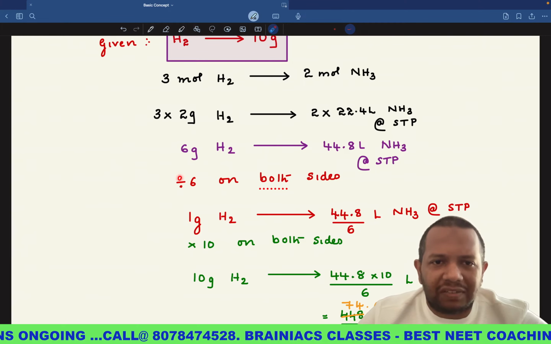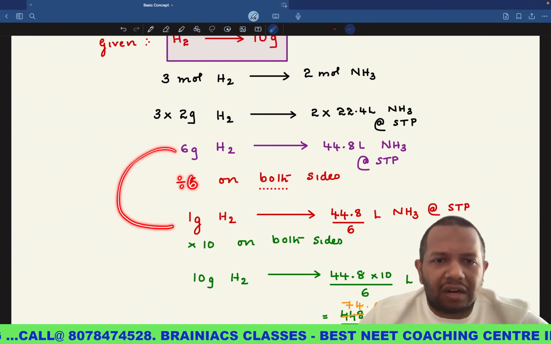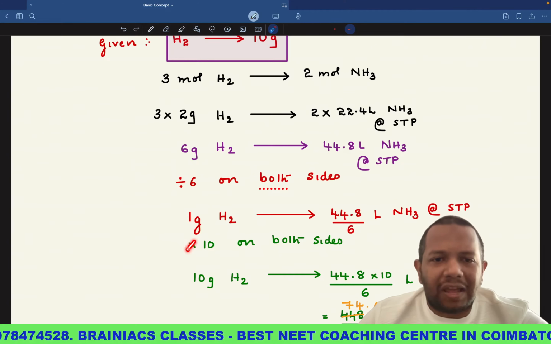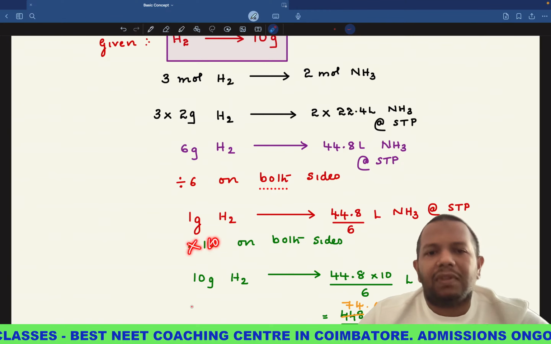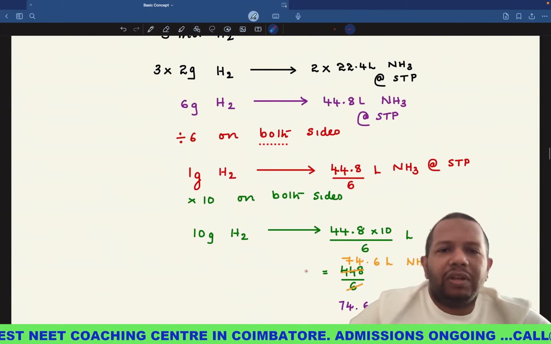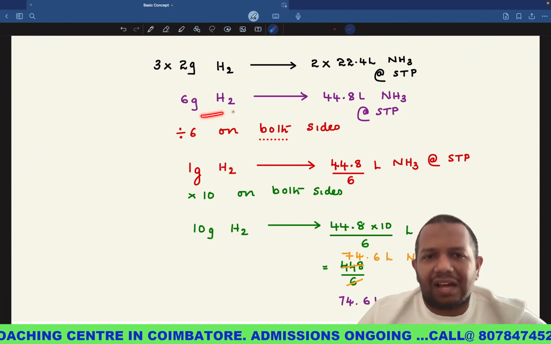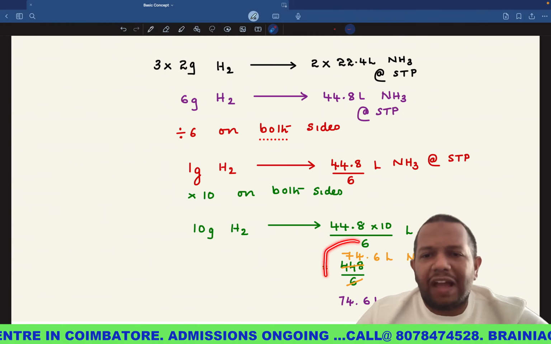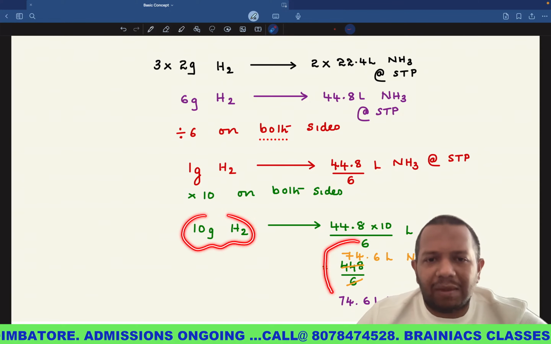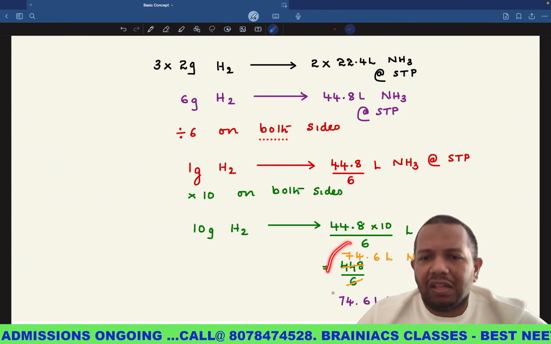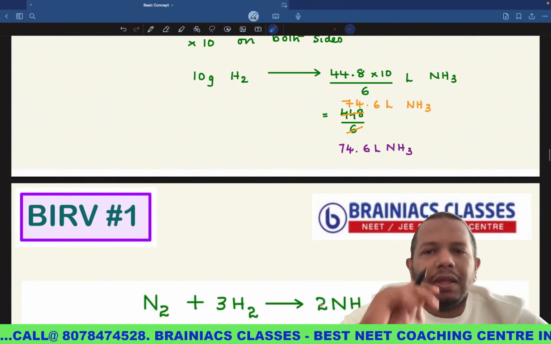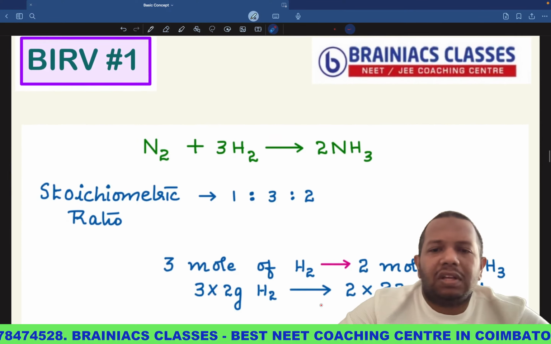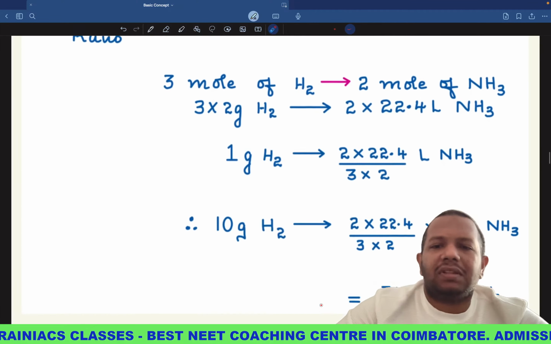First divide by the same number so that it gets converted to 1. Then multiply by the number we need. Here it is 10 gram, so multiplying by 10. So on doing this on both sides, LHS and RHS, we get the value corresponding to 10 gram, how much ammonia we are getting. That is 74.6 liter of ammonia. Okay, I hope it is clear. So here the detailed answer is given, same methodology.